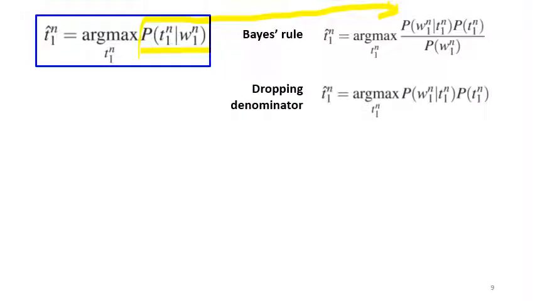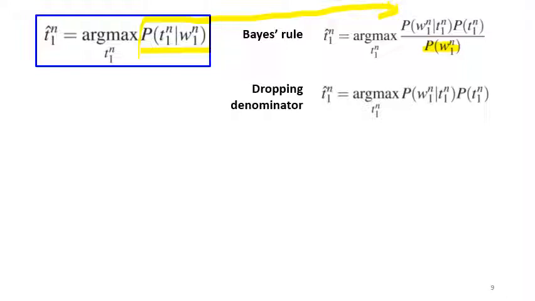And then we may drop the denominator. Why? Because the probability of the words will not change regardless of what tags you're giving to each word. The probability of that word sequence to occur is still the same. Whether your tag is right or wrong, the sentence is still the same sentence.